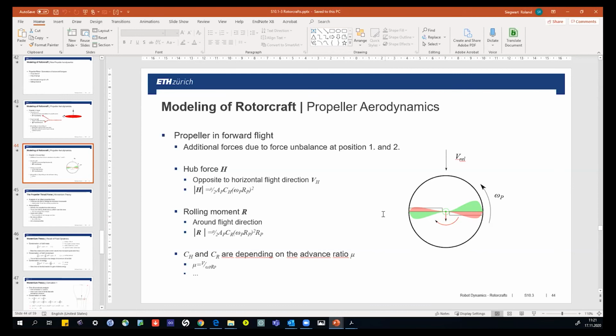This gives some effects, but these are typically secondary effects, so as long as you are moving slowly, you can still be pretty precise with the simplification, the decoupling. And of course, some of this decoupling is then taken care of by the controller.